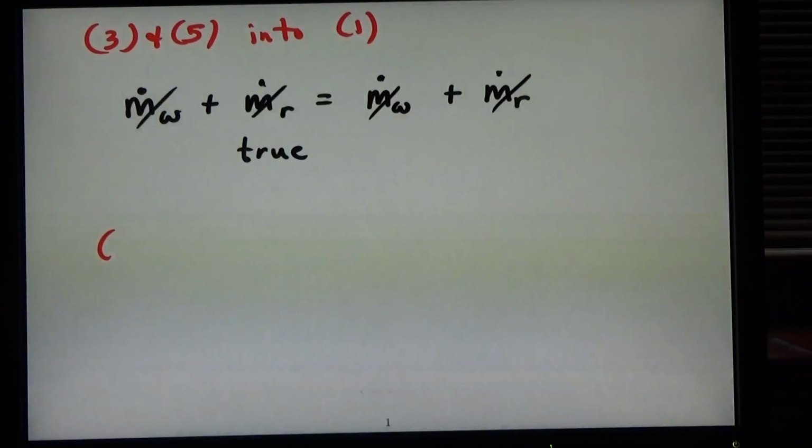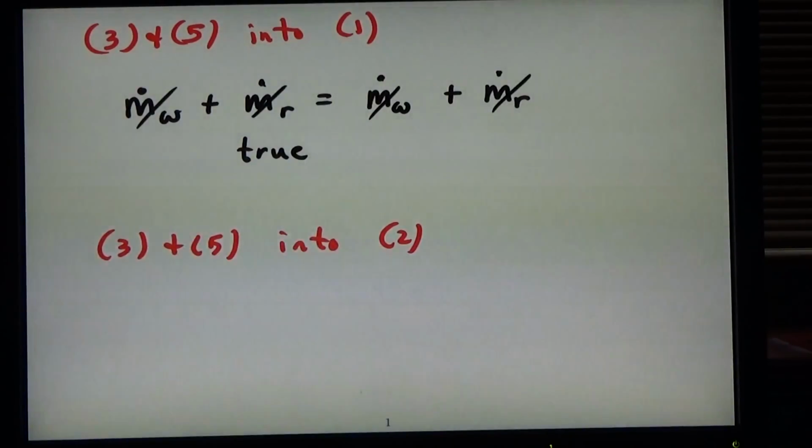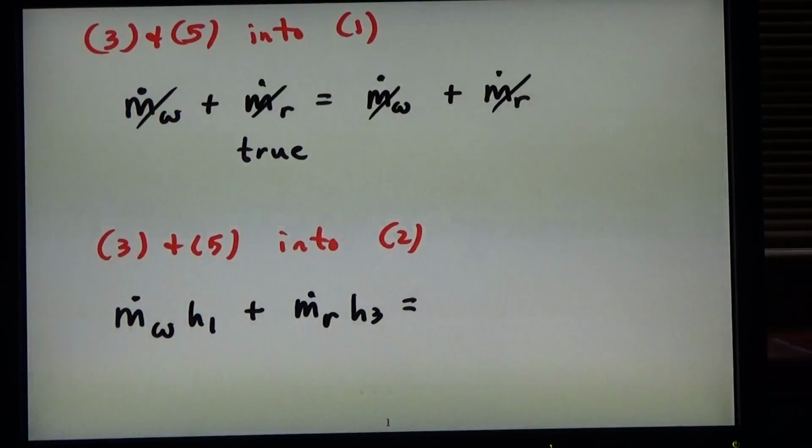Let's look at putting 3 and 5 back into equation 2. From equation 2, we had mass flow rate 1, that's the mass flow rate of the water, times H1, plus mass flow rate 3, so now m dot r, times H3 is equal to mass flow rate 2, that's the water, times H2 plus mass flow rate 4, for the refrigerant, times H4.